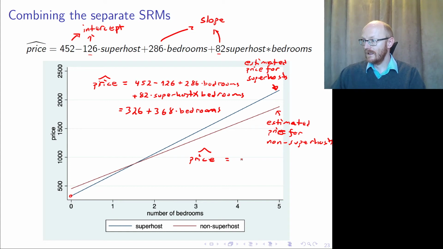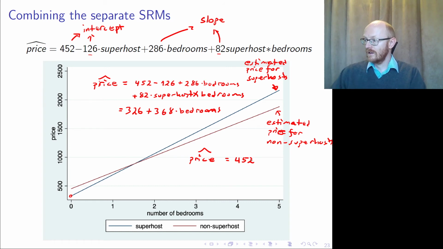price equals 452 plus or minus 126 times superhost, but for non-superhosts, this term, this 126, is times 0.